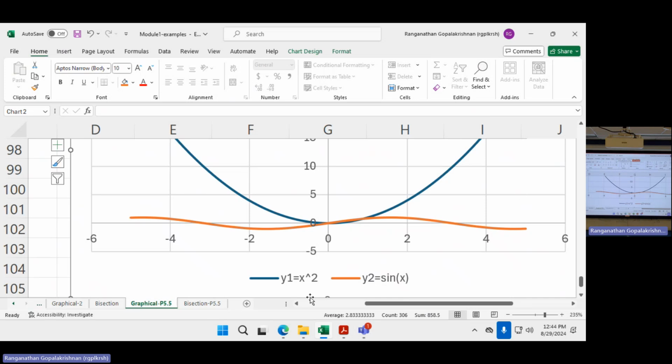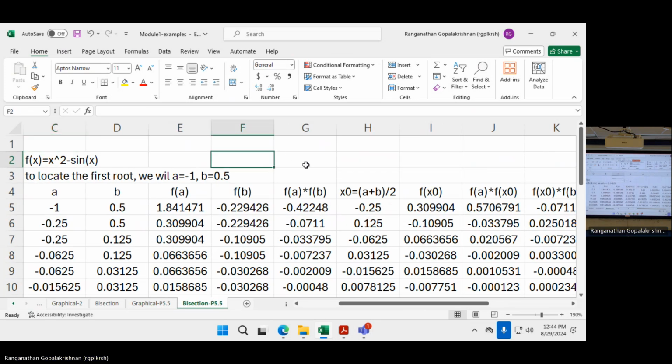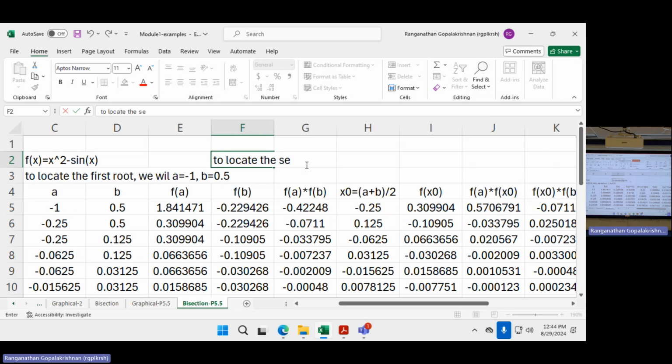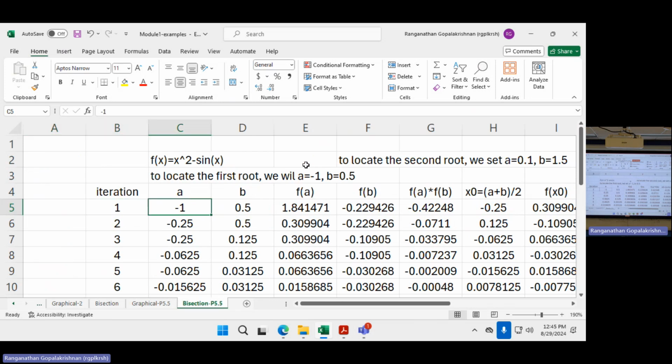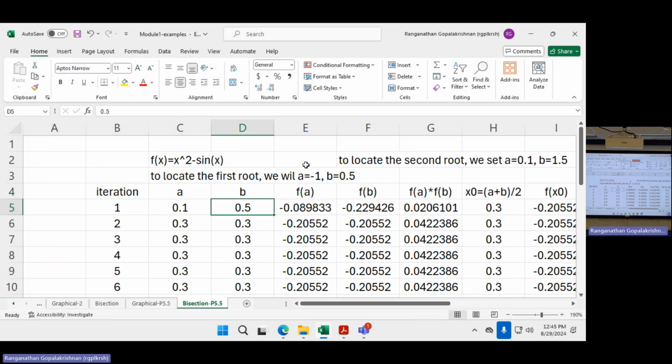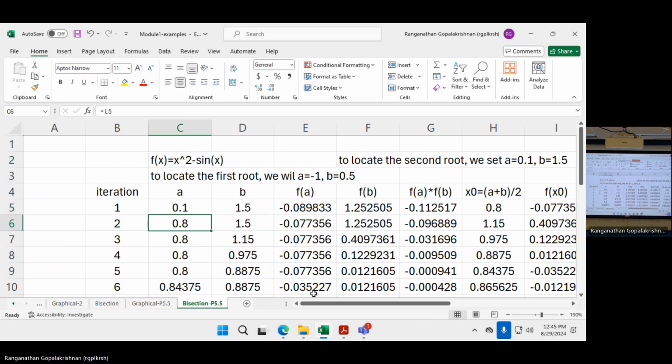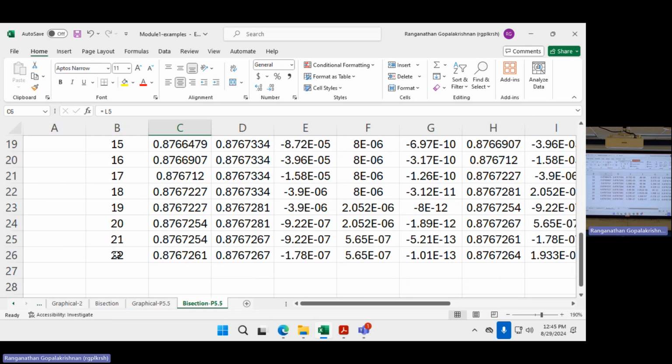So I'm just going to write here, to locate the second root, we set a equal to 0.1 and b equal to 1.5. All you have to do is go to your sheet, set a equal to 0.1, b equal to 1.5, and you get the root. You get 0.8767 to 4 decimal places. That's your root.